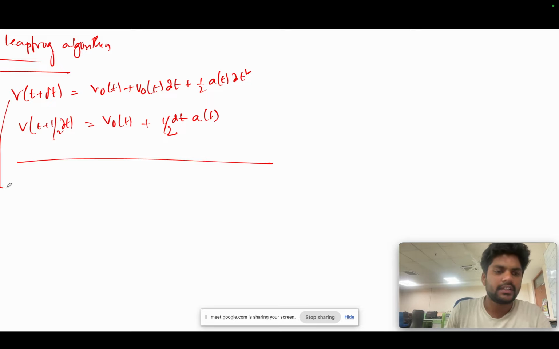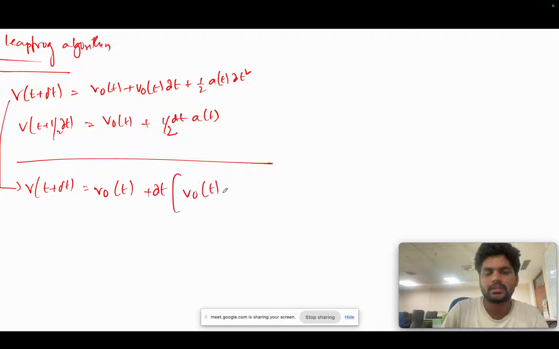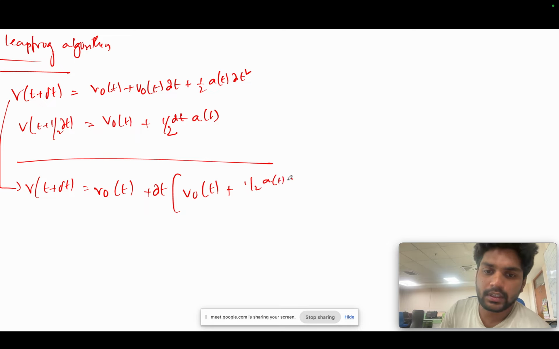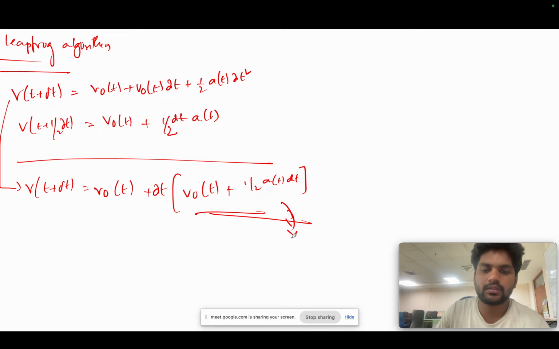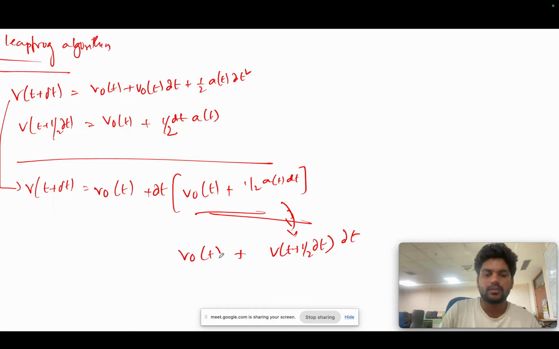Now he took this formula, the leapfrog one. Now r of t plus, he has taken the dt common, so it has become v of t plus order of dt. This is going towards v of t plus delta t, and we have already dt. So plus r naught of t equals r of t plus delta t. That's what this equation says.